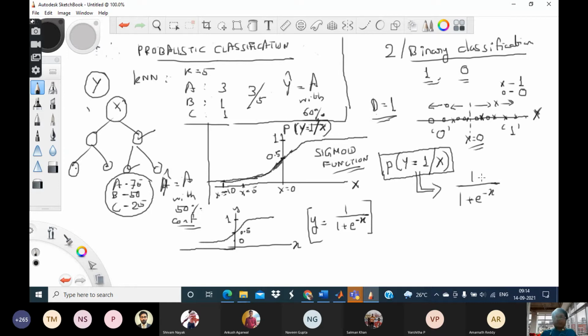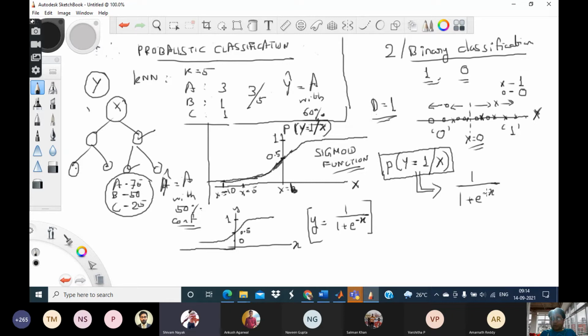But suppose the threshold for crossing from one class level to another is, by any chance, x equal to b. In such a situation, how can I modify the sigmoid function so that this same thing is satisfied? I can shift the axis from x to x minus b.